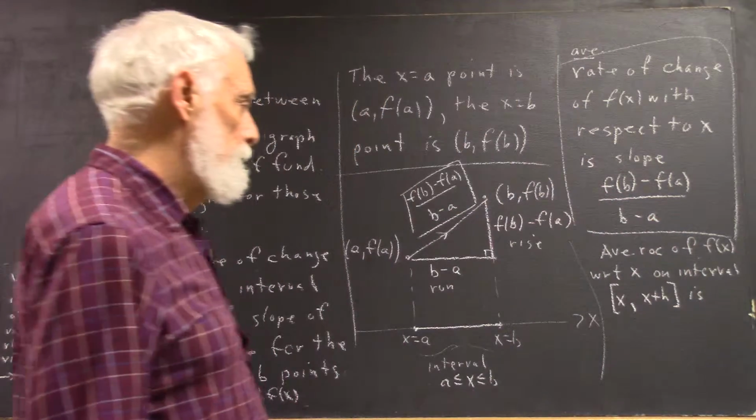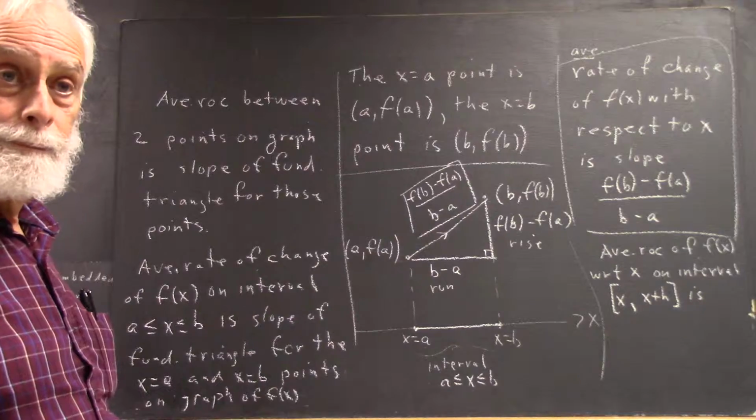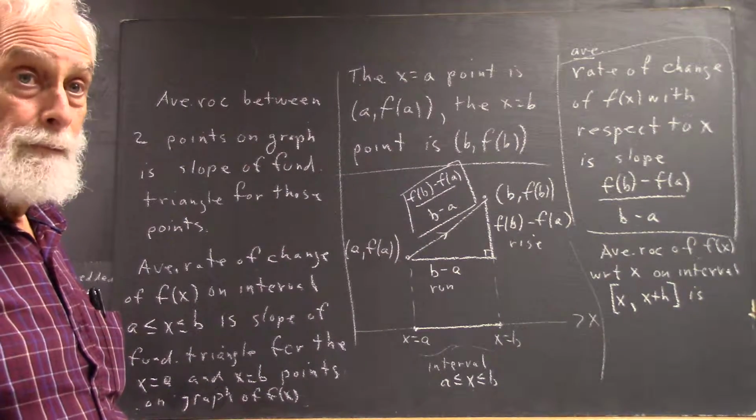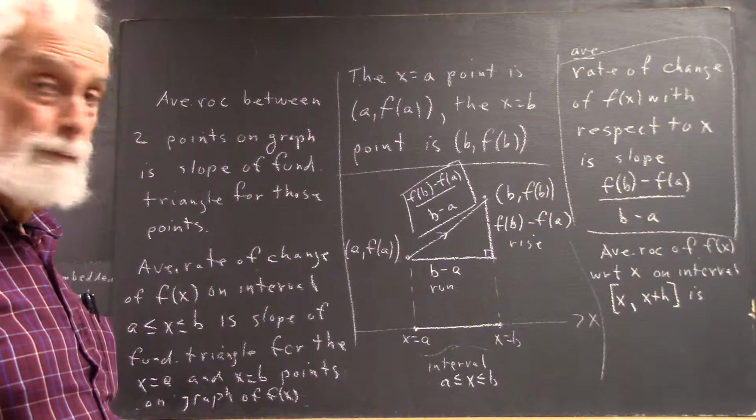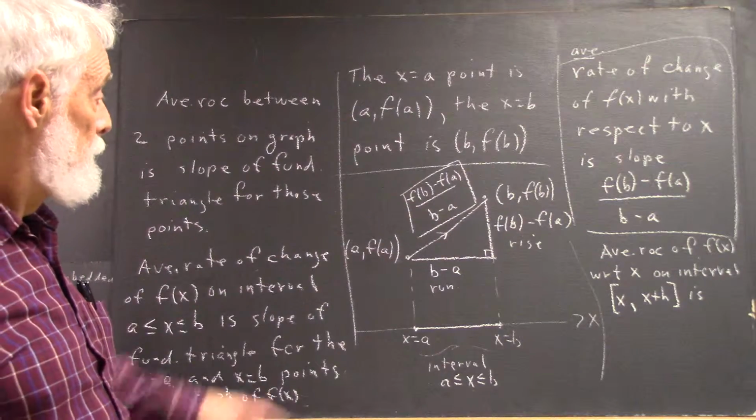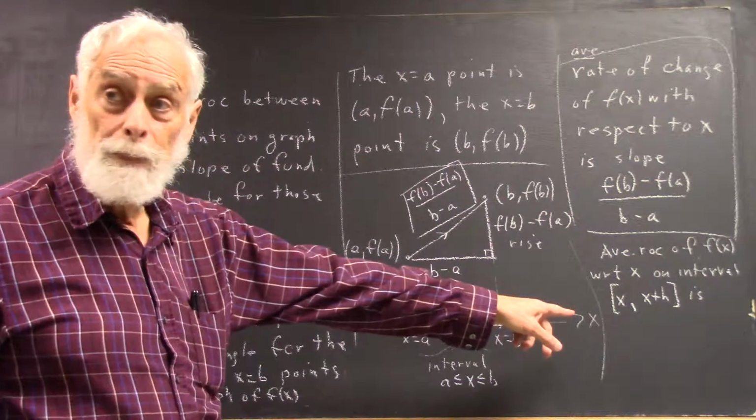Usually when we put it in this context, we think of h as a small number. So what would it be? It's x plus h minus x. A would be replaced by just x.